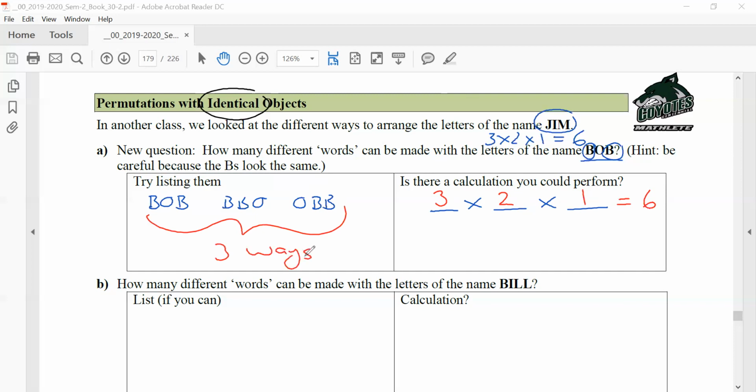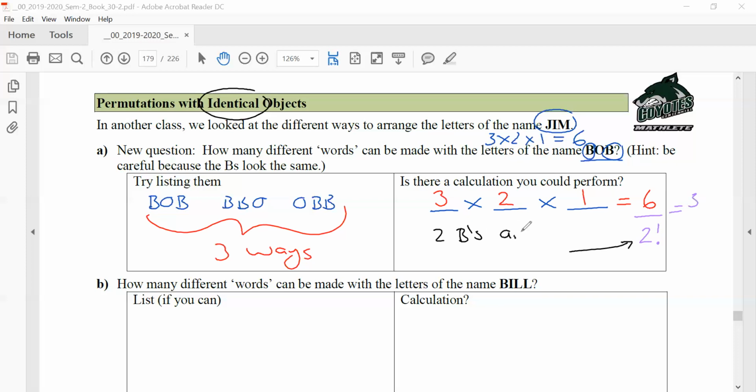So what I need you to notice is that there's a couple of B's that are the same. I'm not just going to divide by 2 to get 3. What I'm actually going to do is divide by 2 factorial. Why am I dividing by 2 factorial? Well, there are 2 B's, and I need to arrange them.